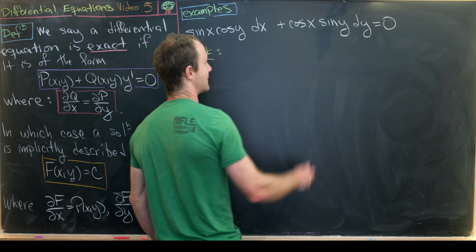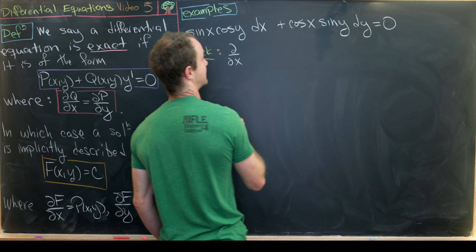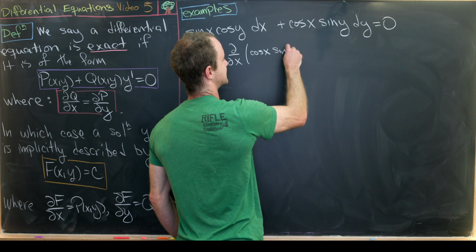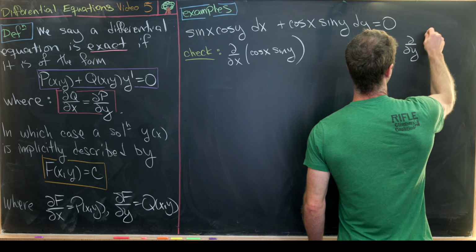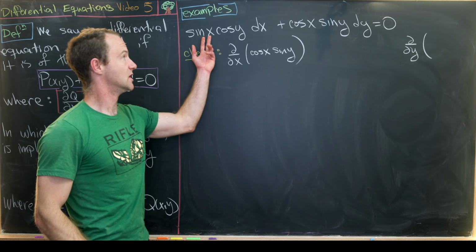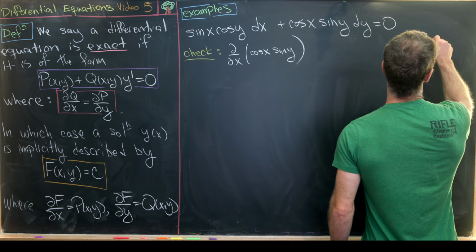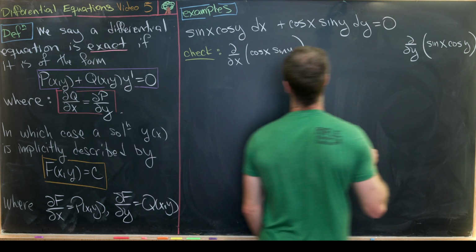And we can do that by taking the derivative with respect to x of this function. So let's see, that's cosine x times sine y, and compare that to the derivative with respect to y of the coefficient function for dx. So that's going to be like sine x times cosine y.